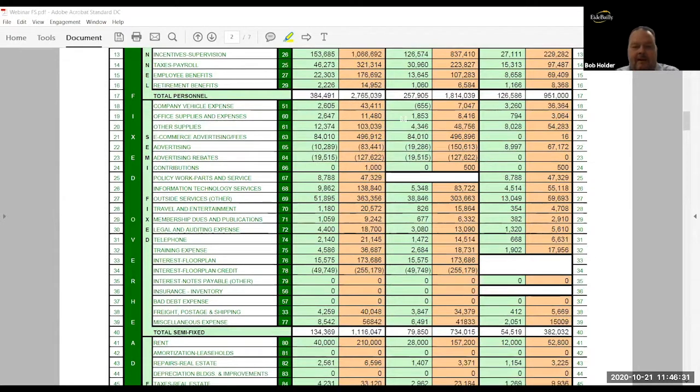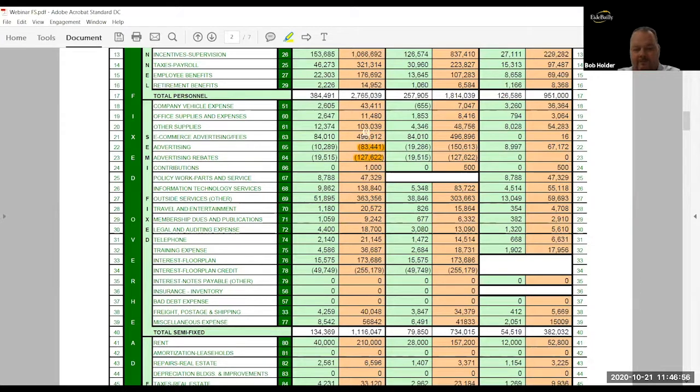Then I come down to advertising, and to have a negative balance here is a little baffling, especially when you have it here. I'm guessing the way they're applying the credits, they're applying them in two places.